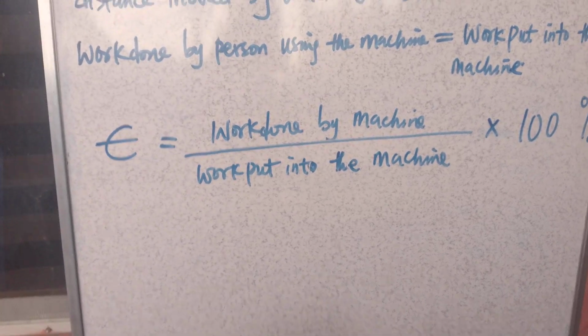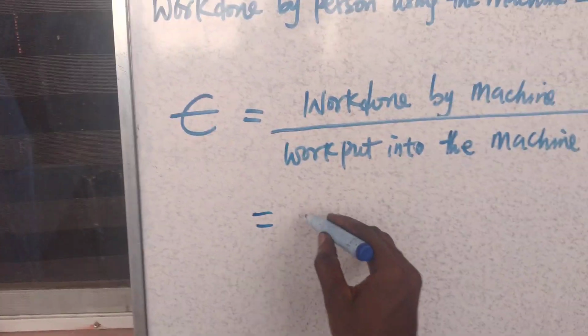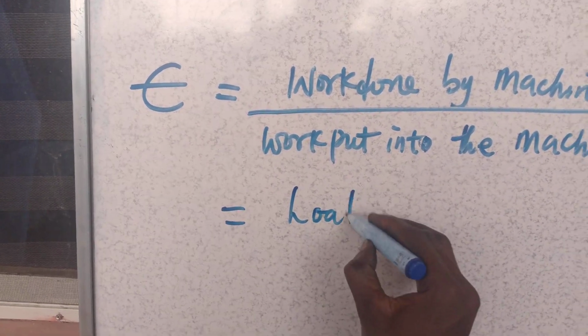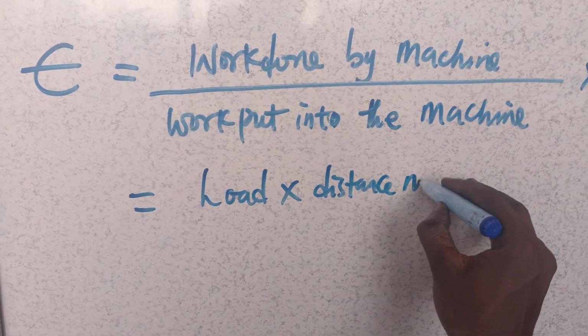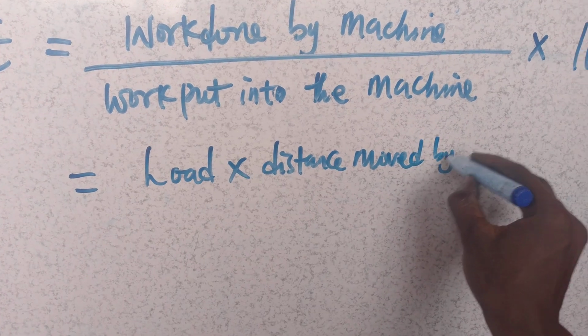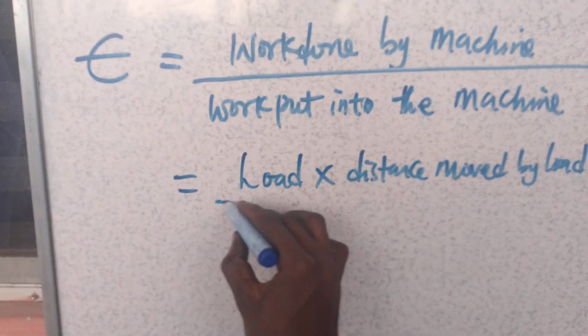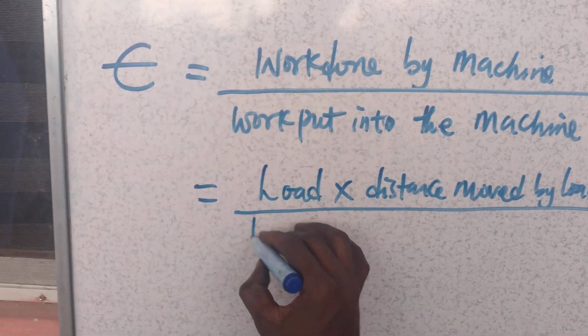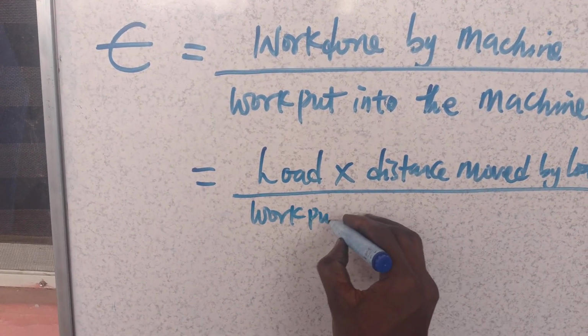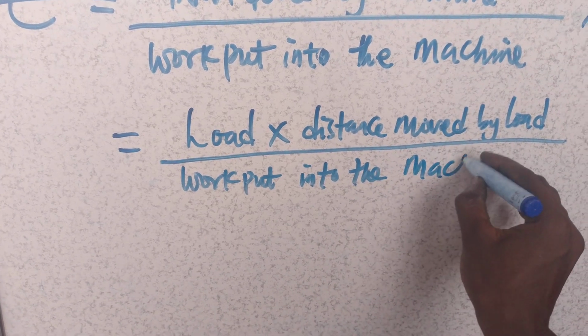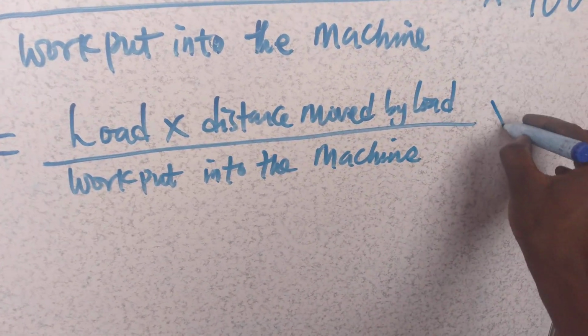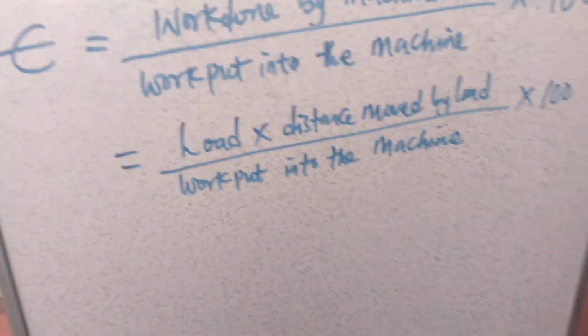Now work done by machine is load times distance moved by load, divided by the work put into the machine, times 100.